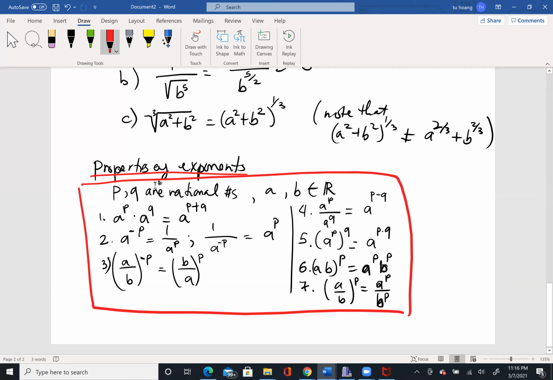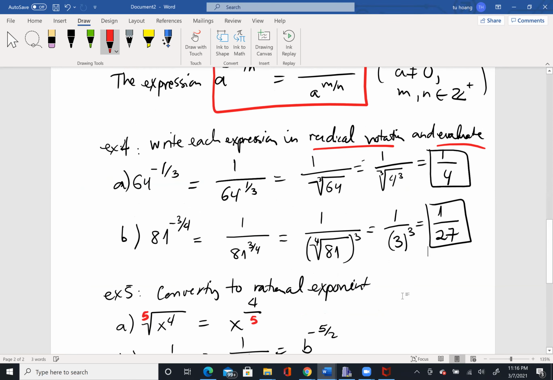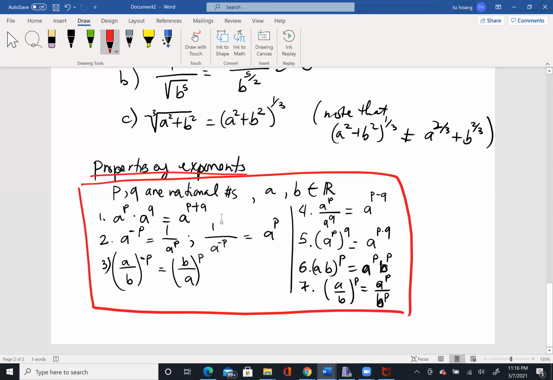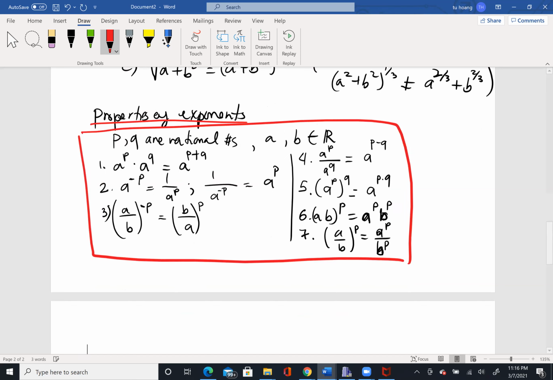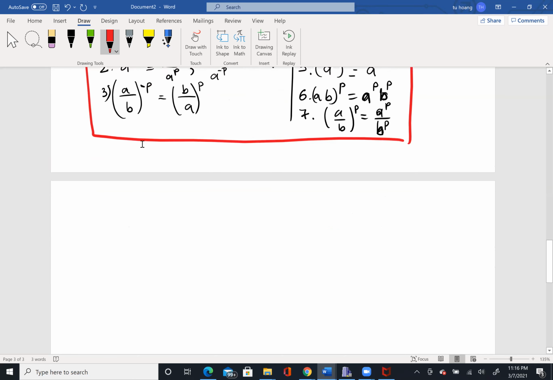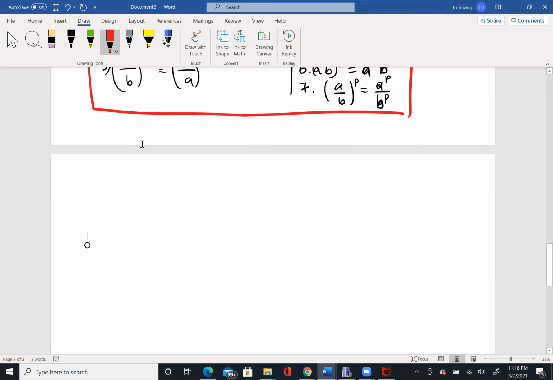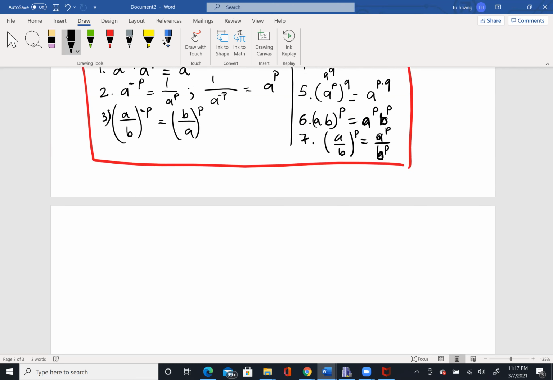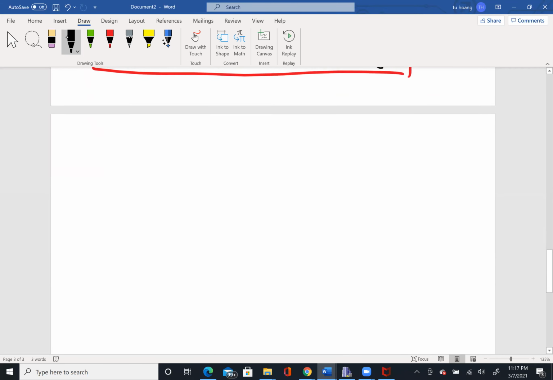Let's do an example. What example are we on right now? 5, right? Yeah, so let's do example 6.